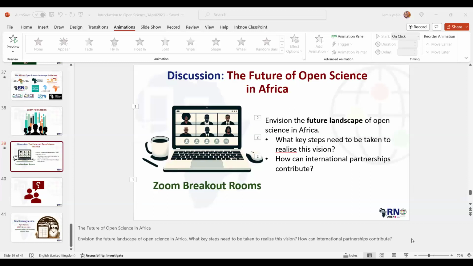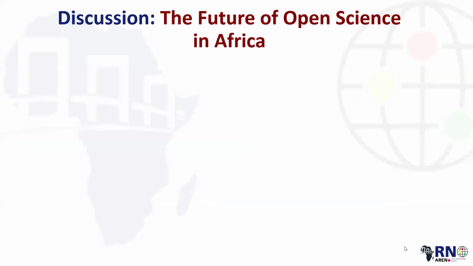What we are hoping to do in this session is talk about the future of open science in Africa. We talked about the landscape, the barriers, the benefits, everything. Since you are Africans working in the scientific community, we'd like to discuss with you how you think the future of open science in Africa would potentially be.